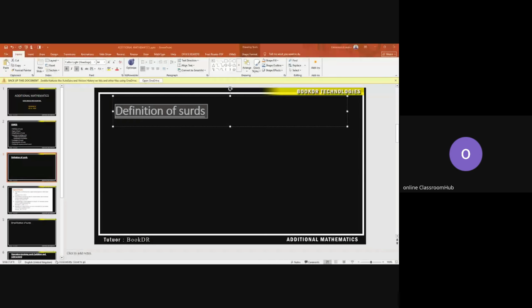Good. All of you said it rightly. It's an irrational number. When you say an irrational number, a number that cannot be expressed in the form A over B. Oh, where is my pen?